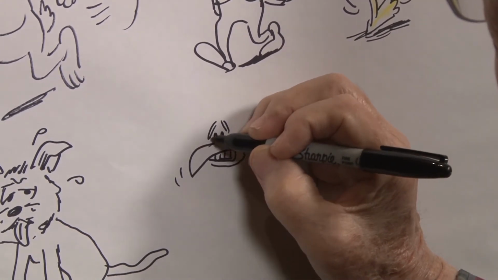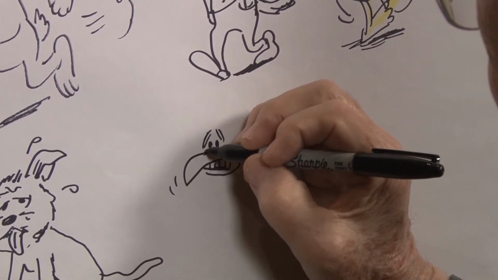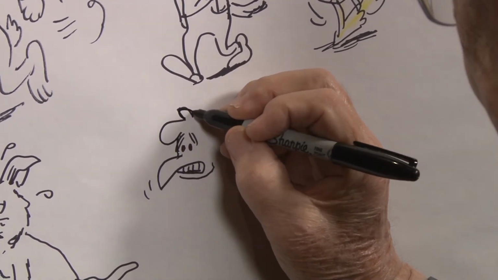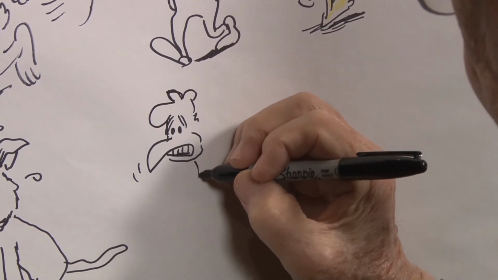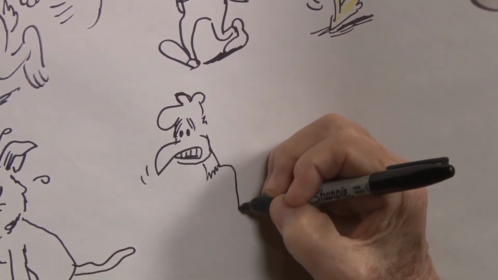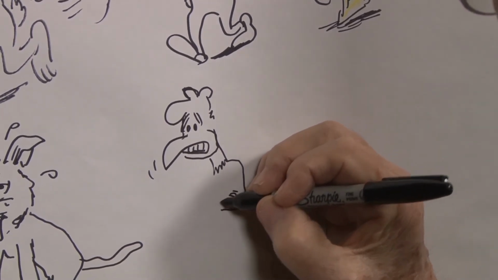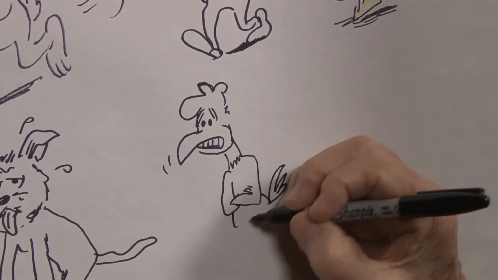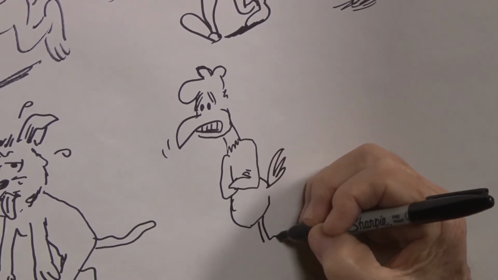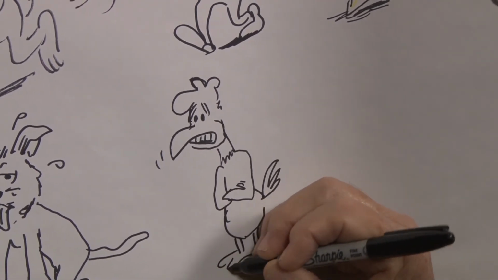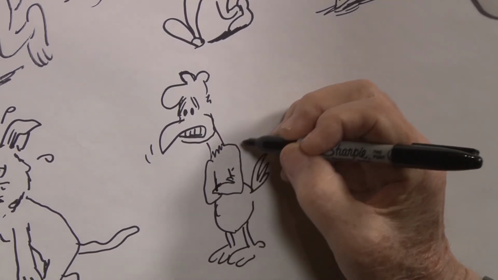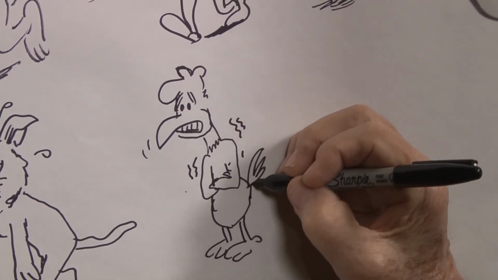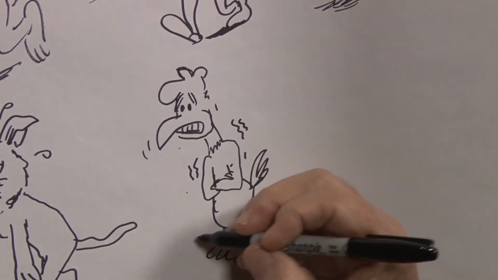He has about the same eyes, well, close to it, as the cat, but for a different reason, because it's really cold out in the barnyard. And a lot of times when we're trying to show somebody that's really cold, we have them with their arms folded like that, and they're frequently shivering from the cold. And as I said, their teeth are chattering.